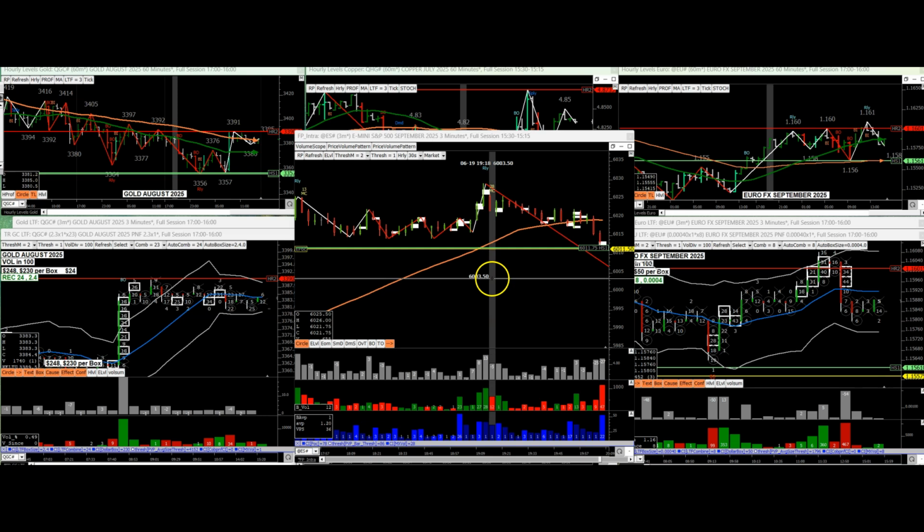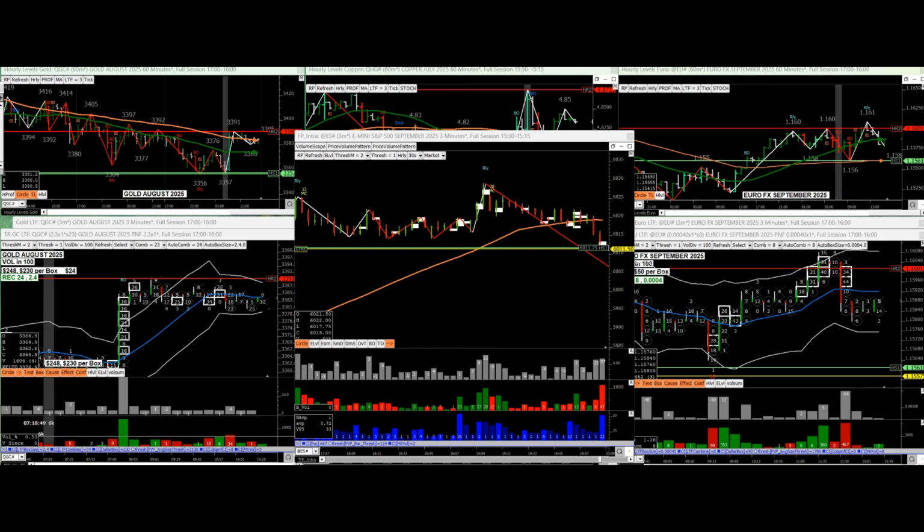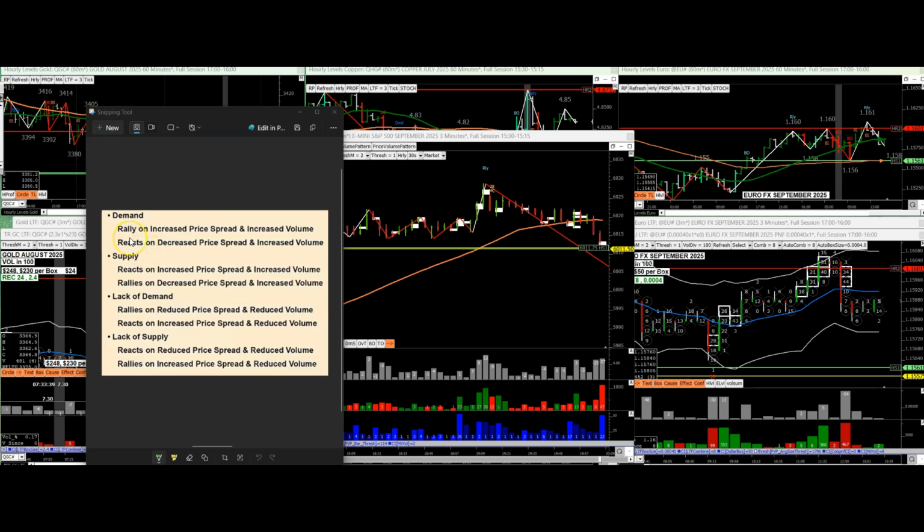Anyway, you get the idea. So the idea here is that for demand on the pullback, you want to create a basic relationship between price spread and volume, so you can identify this demand as the market is pulling back.